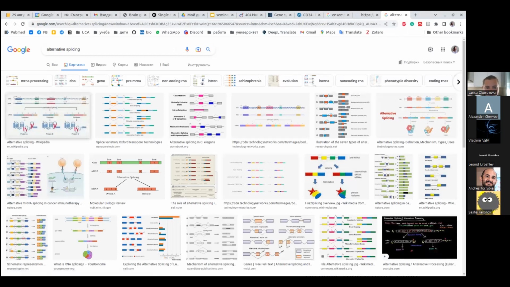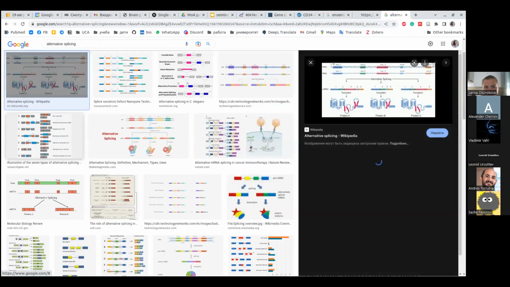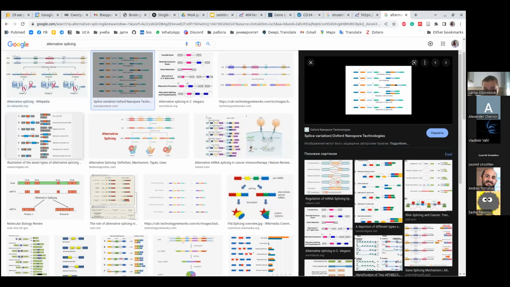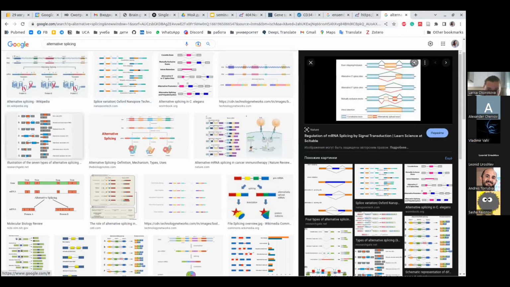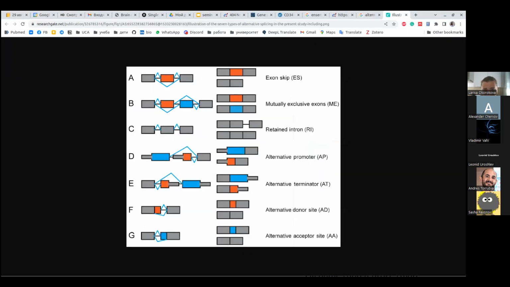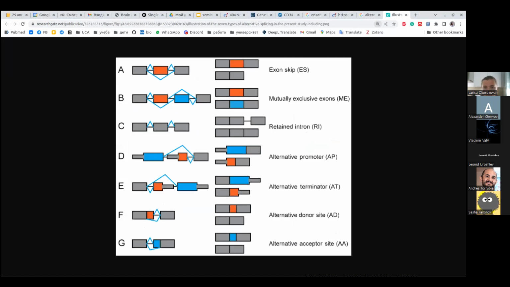That is not very important in this particular case. I'm sorry, I'm just looking for quite a big picture. Yeah, this is a picture where you can see different types of splicing, how we can include and exclude exons.